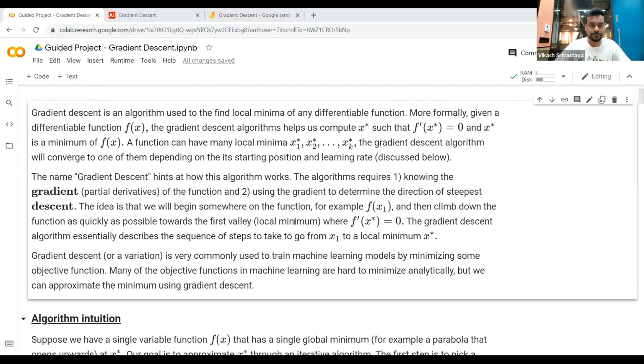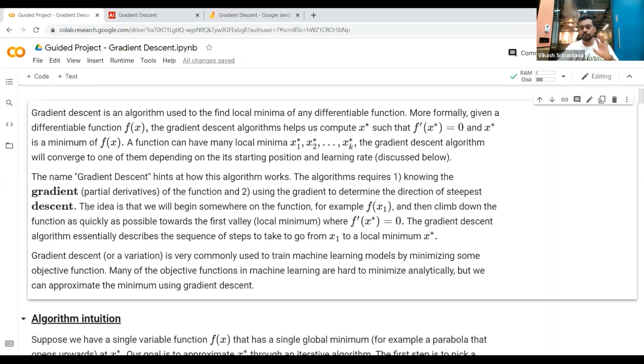Now I'll walk you through the statements here. The name gradient descent hints at how this algorithm works. It's plain obvious. This algorithm requires knowing the gradient or partial derivatives of the function. That is the first thing. The second is using the gradient to determine the direction of steepest descent.